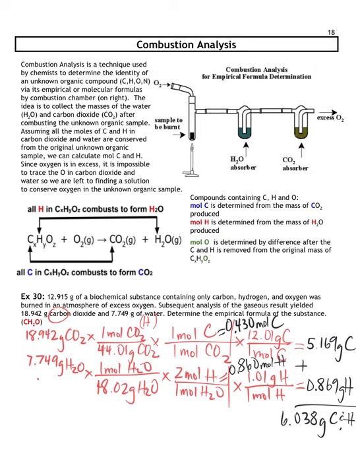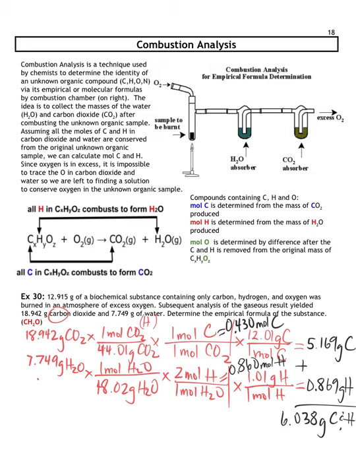Well, if I know the total mass of the sample, which has carbon, hydrogen and oxygen, and I know the mass of both carbon and hydrogen, I can deduct that from the mass of my original sample, which has all the elements. And by deducting the carbon and hydrogen, I will get the mass of the oxygen.